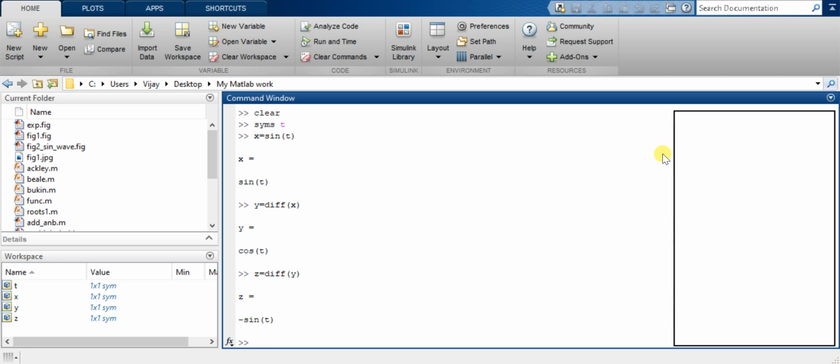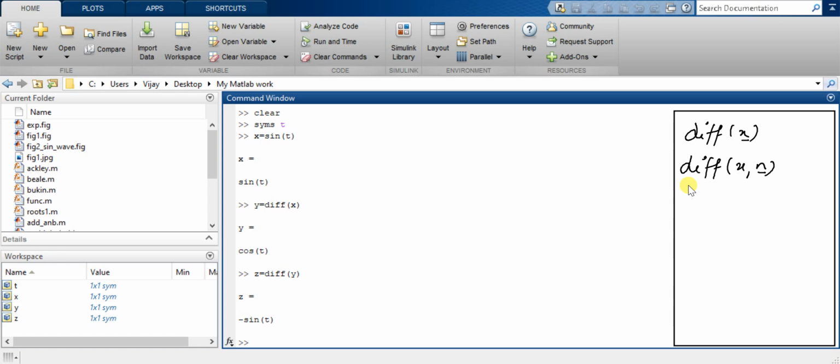Now for differentiation, we have three different statements of the differentiation command. First one is diff of x, where x is a symbolic expression for which we have to find the differentiation. Next command which we can use is diff of x comma n, where x is the same symbolic expression, and n is the order of the derivative.